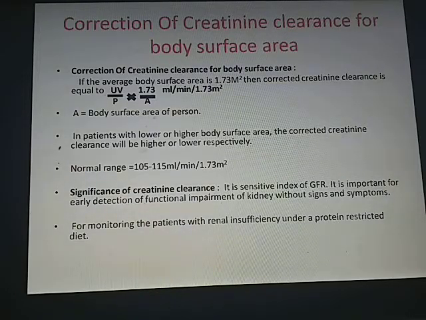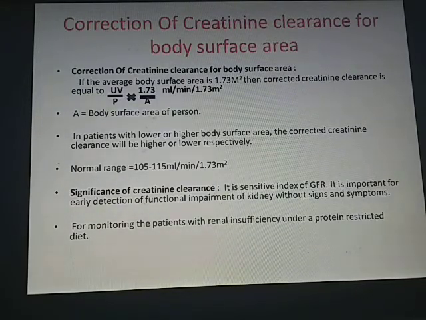The formula of the creatinine clearance is the same, U × V / P, to which the average body surface area, 1.73 square meters, is applied, along with the actual body surface area of the person: U × V / P × 1.73 / actual body surface area.